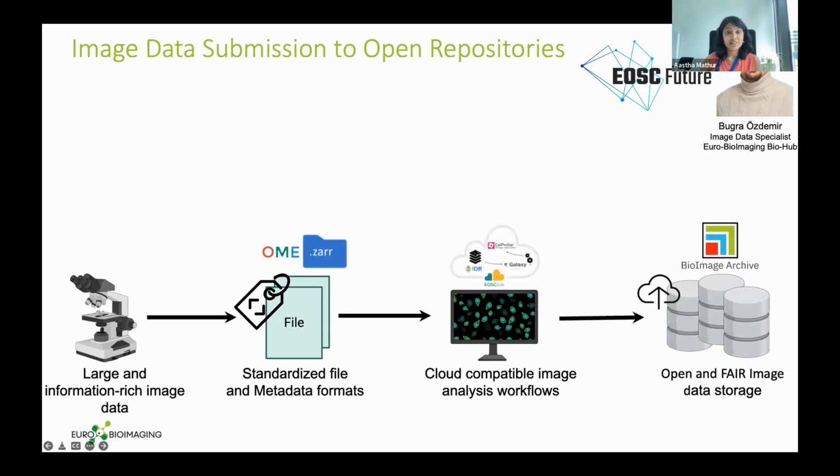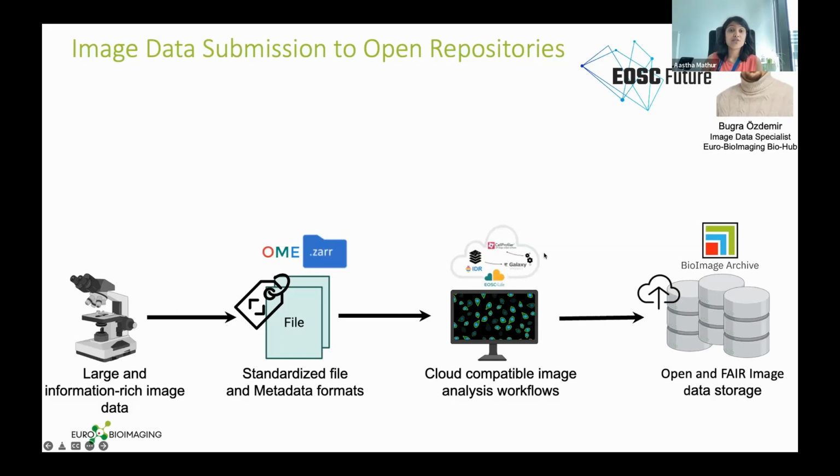What we are doing here is we're working together with the community and a lot of things that have already been developed. So we are extending the OME-Zarr format to include high content microscopy data in a format where a lot of metadata can also be stored.